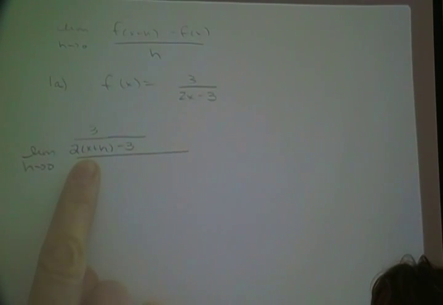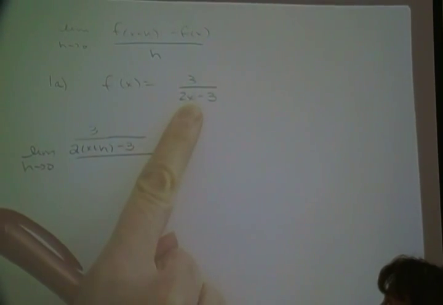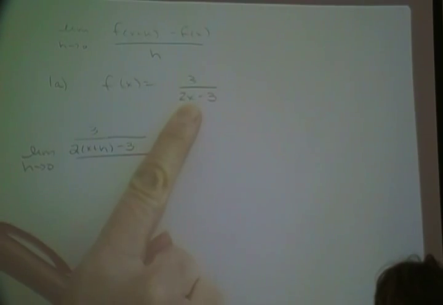You're plugging x plus h in where the x was. And you have to double it before you take away 3. Minus the function as it is, all over h.